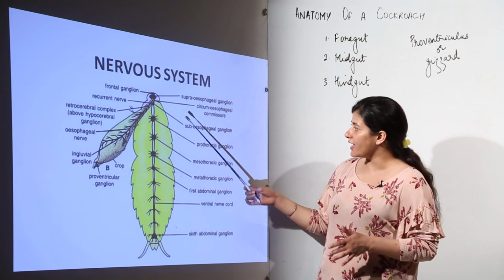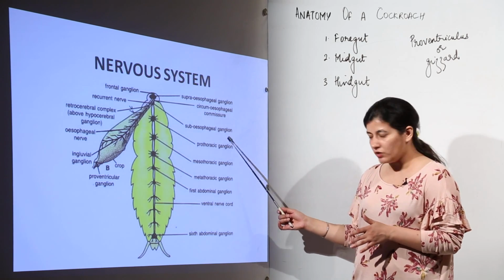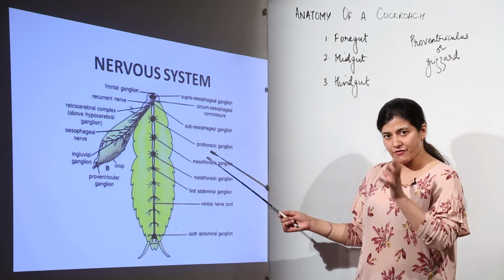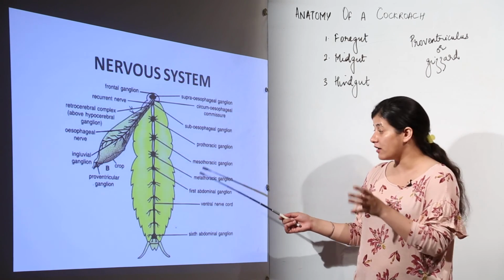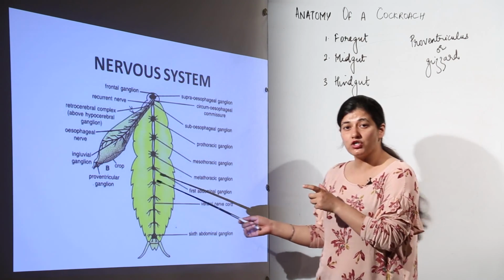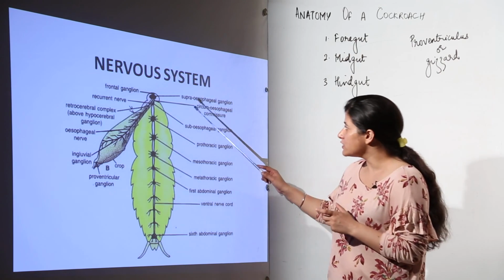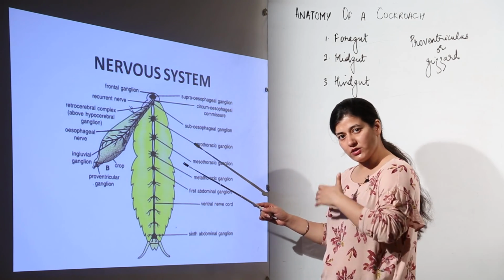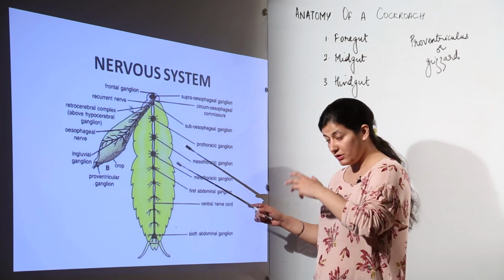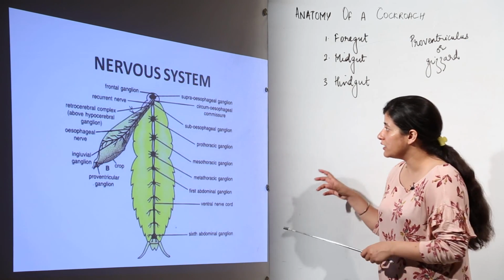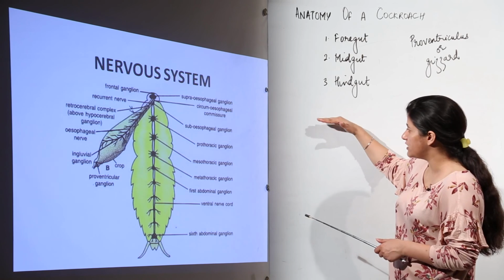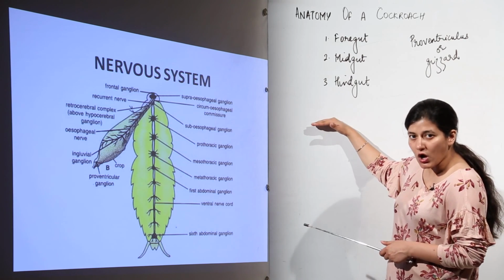Then after that ganglion, we have the subesophageal ganglion. You have to keep in mind that the names of the ganglions are given with respect to the digestive system. Supposedly, over here this part starts the esophageal part of the digestive system.